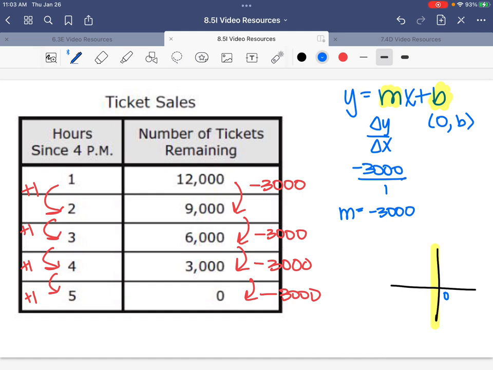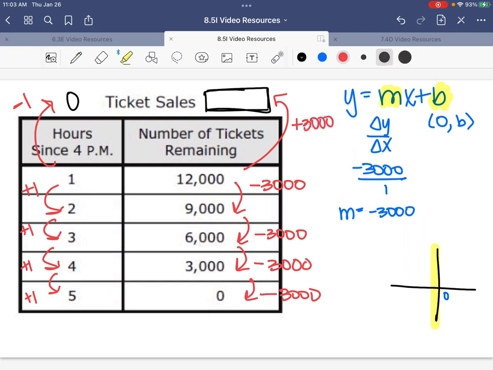And because I don't see 0 in the x column of my table, I'm going to work backwards to get to 0. So I want to know how many tickets remained at hour 0. So if every time I'm increasing by an hour, my tickets decrease by 3,000, then when I'm working backwards, if I'm decreasing by an hour, my tickets will increase by 3,000.